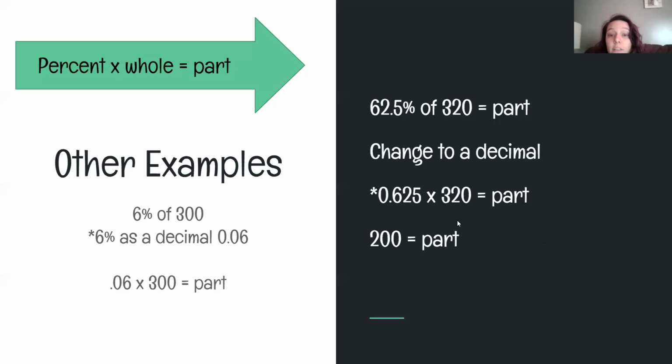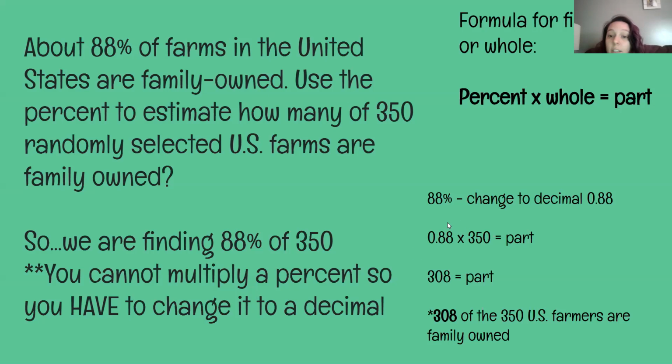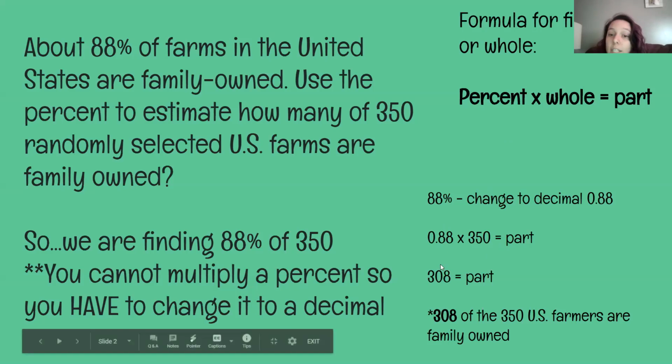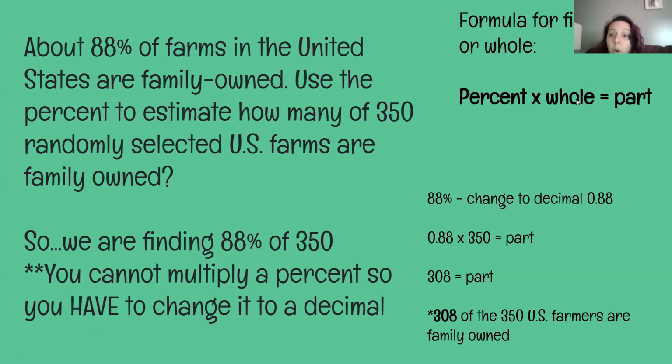Then I can fill in my formula. The percent was 88, which is now changed to a decimal. The whole was 350, the entire number that they randomly selected.